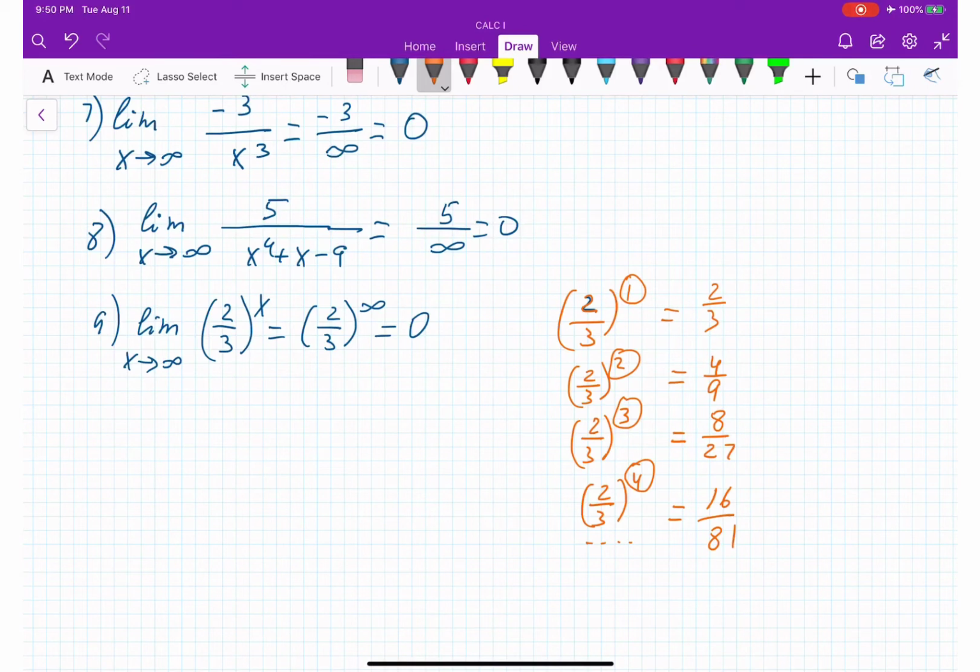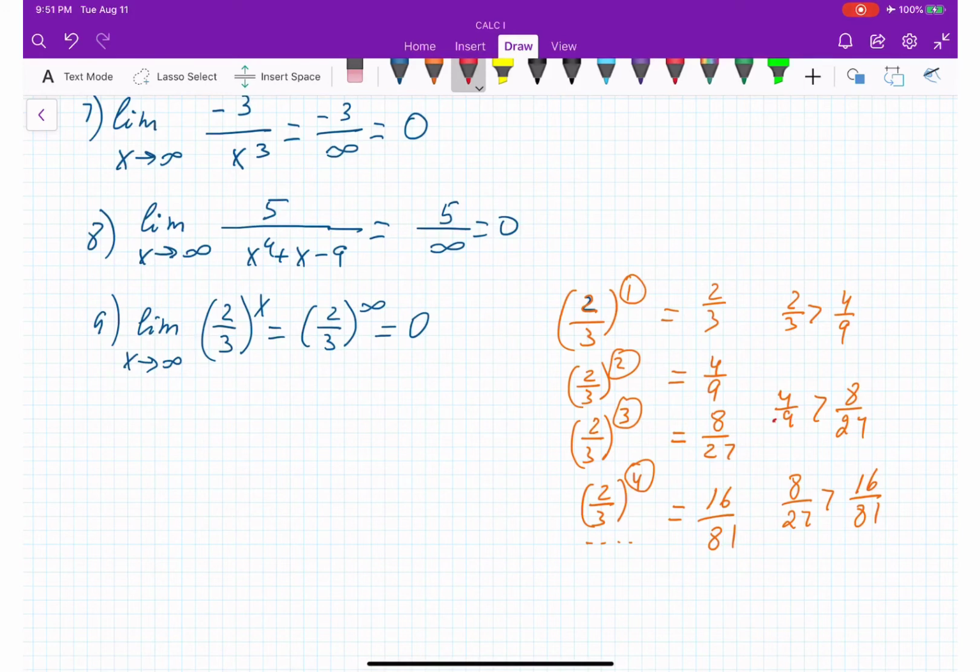So 2/3 and 4 over 9. 2/3 is greater than 4 over 9. Next, 4 over 9 is greater than 8 over 27. 8 over 27 is greater than 16 over 81. How am I comparing? I am bringing to the same denominator. Take 4 over 9 and 8 over 27. The common denominator is going to be 27, right?